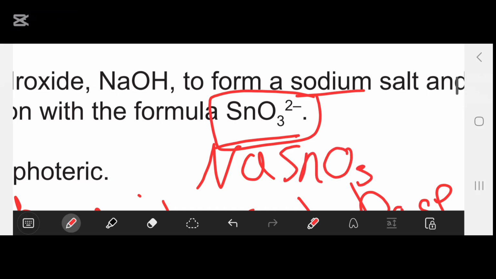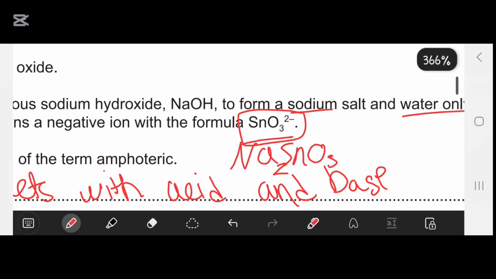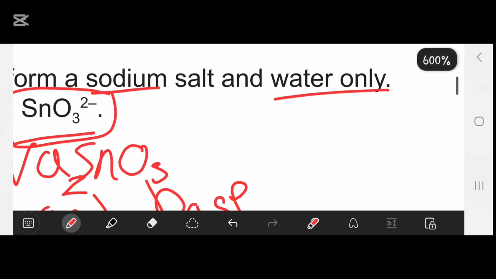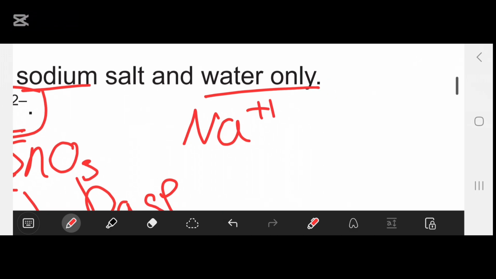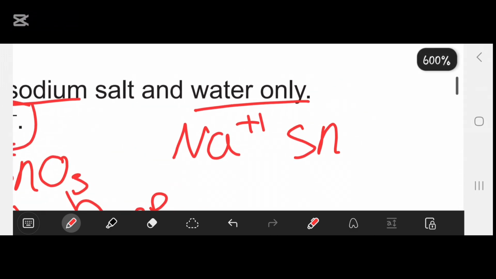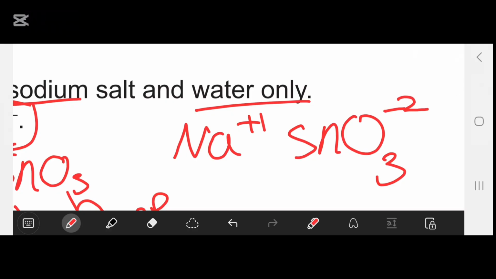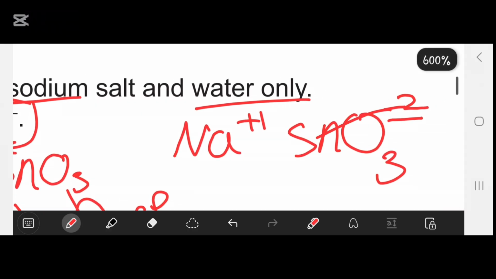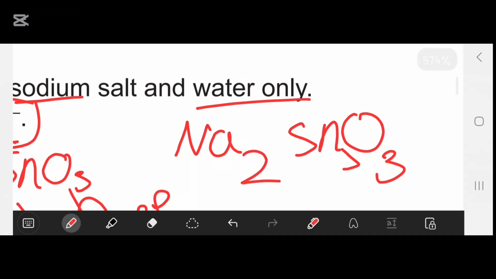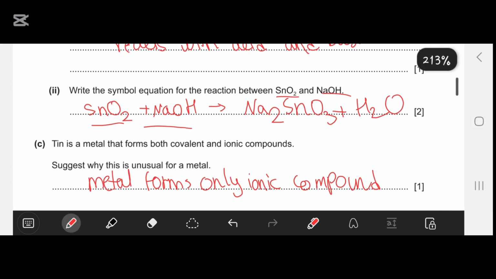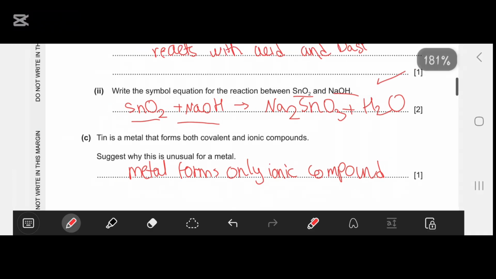So we will pretend that the tin ion, the complex ion, is an ion that will react with sodium, and we will only display the charges. Sodium is positive 1, SnO3 is minus 2, we will balance it, and the equation will turn out like this.